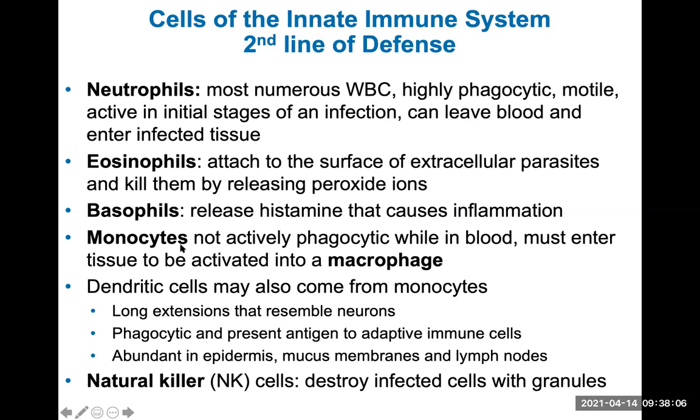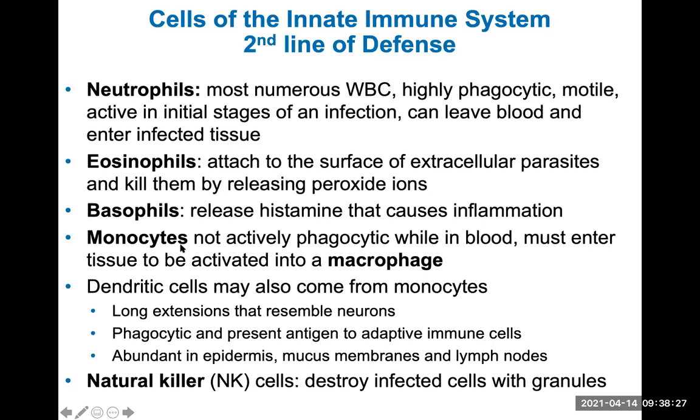And so like I said, we'll talk about macrophages a little bit more later on. Dendritic cells may also come from monocytes, and they have those funny looking extensions that make them look kind of like neurons, and that's where they get their name dendritic, because they kind of resemble dendrites, right?